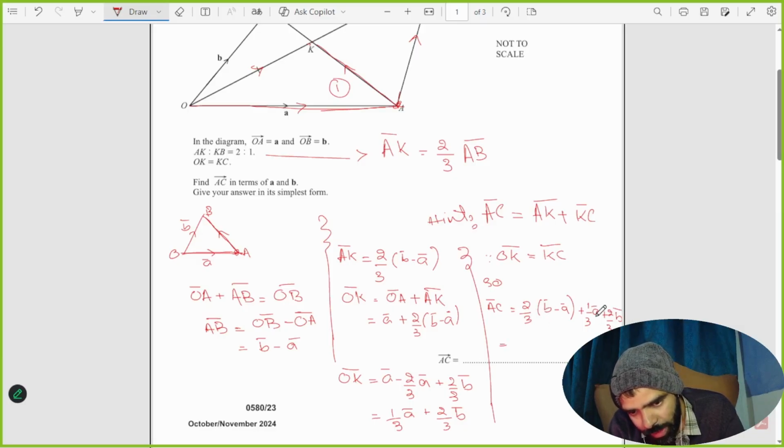2 by 3B and 2 by 3B becomes 4 by 3B, right? And minus 2 by 3A plus 1 by 3A. So we'll see it's 1 by 3A minus 2 by 3A and plus 2 by 3B plus 2 by 3B.